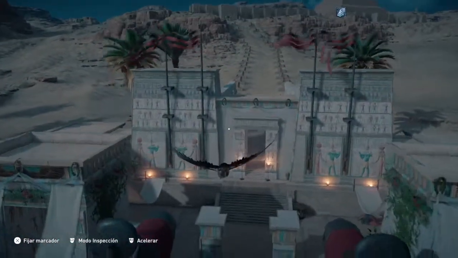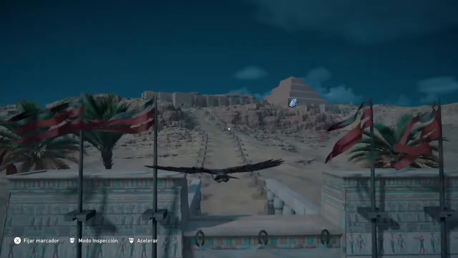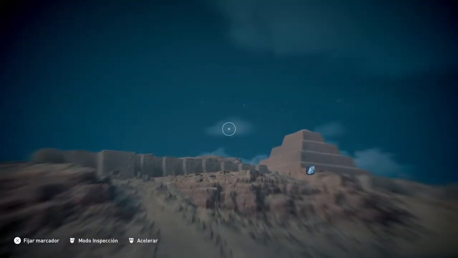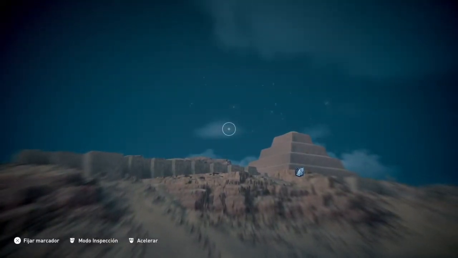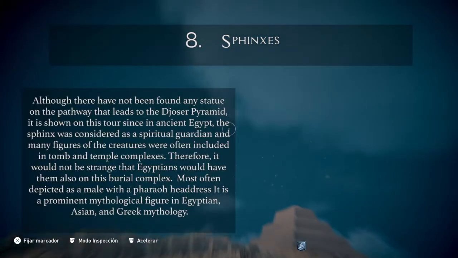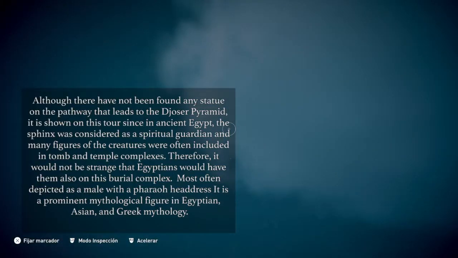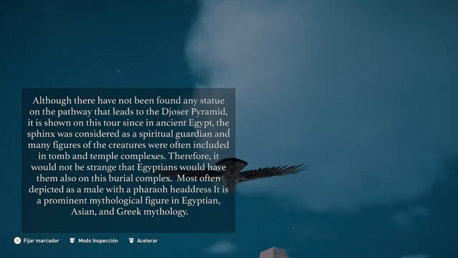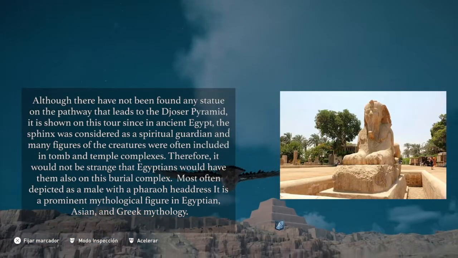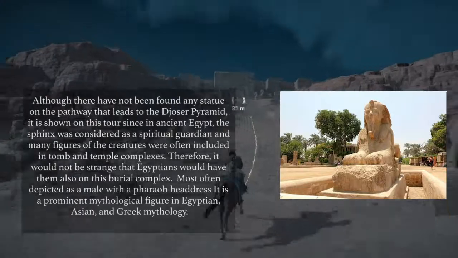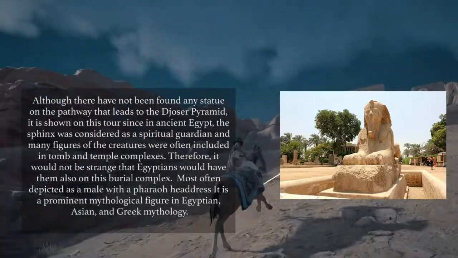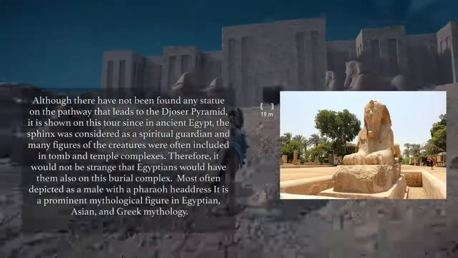However, on other occasions, the representations of the deities were not an actual animal, but hybrid creatures like the Sphinxes. Although no statues have been found on the pathways that lead to the Djoser Pyramid, it is shown on this tour since the Sphinx was very important for the culture of ancient Egypt and another building block for the civilization.